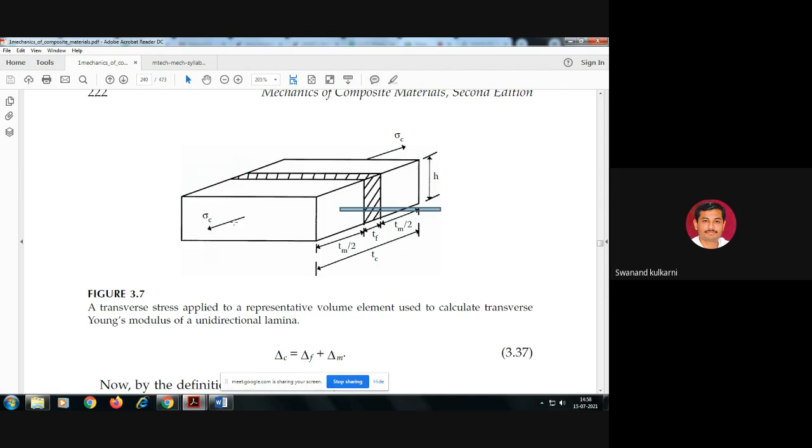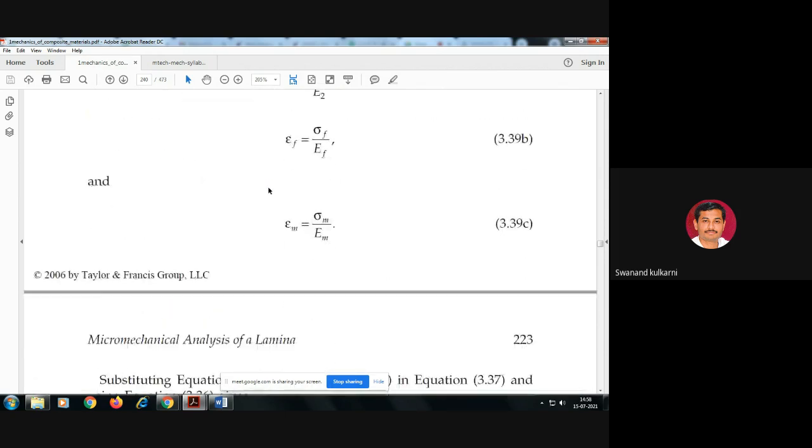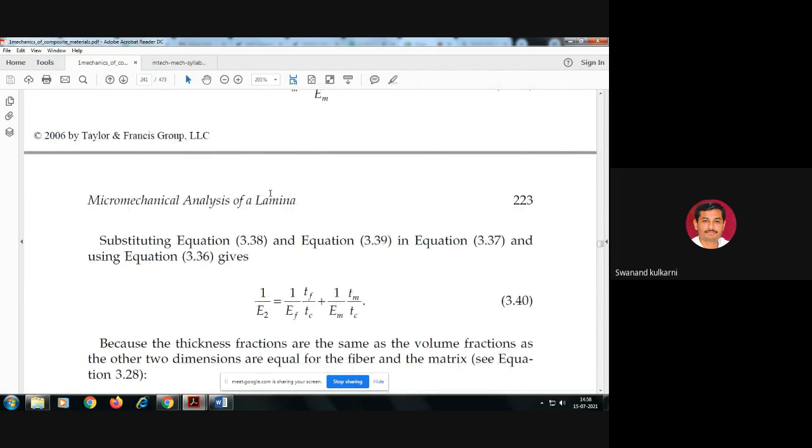With reference to the transverse direction, what can the Young's modulus be if we assume that the reinforcement is embedded inside the matrix material, as shown here, with thickness of matrix, thickness of reinforcement, then height.